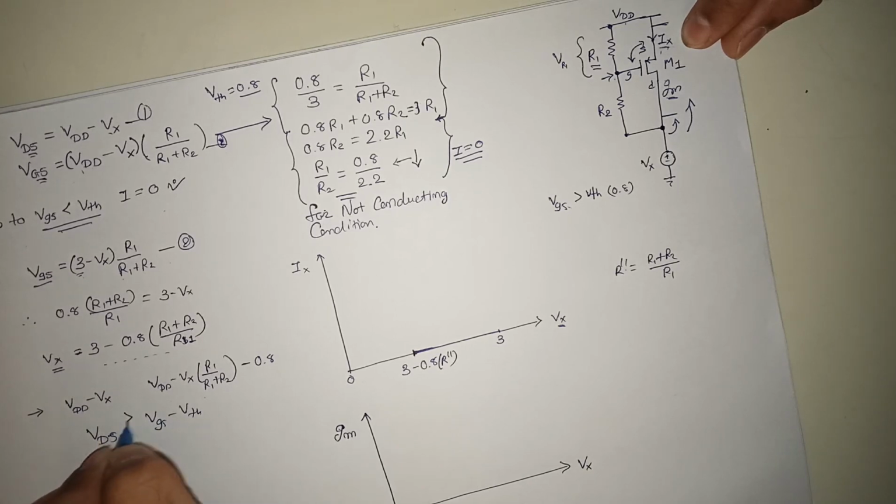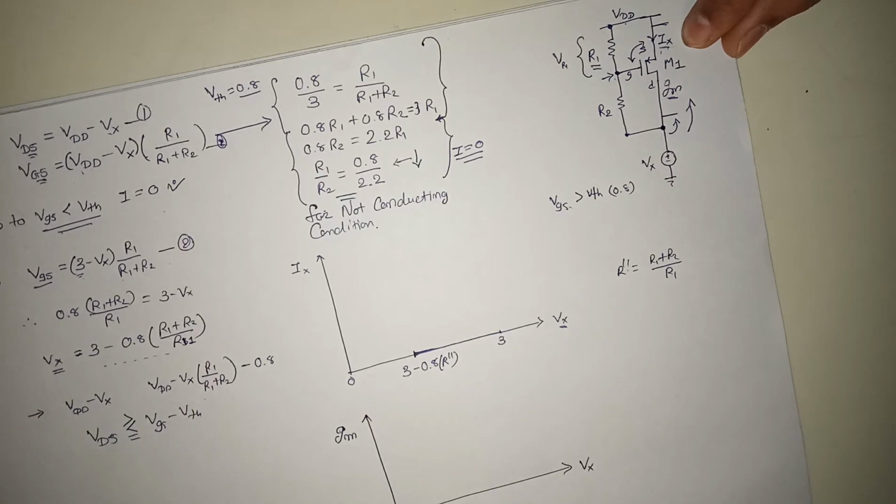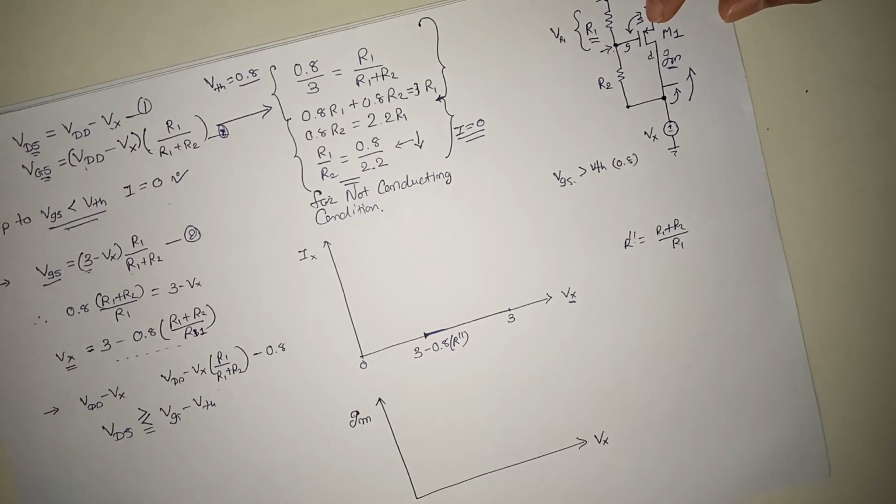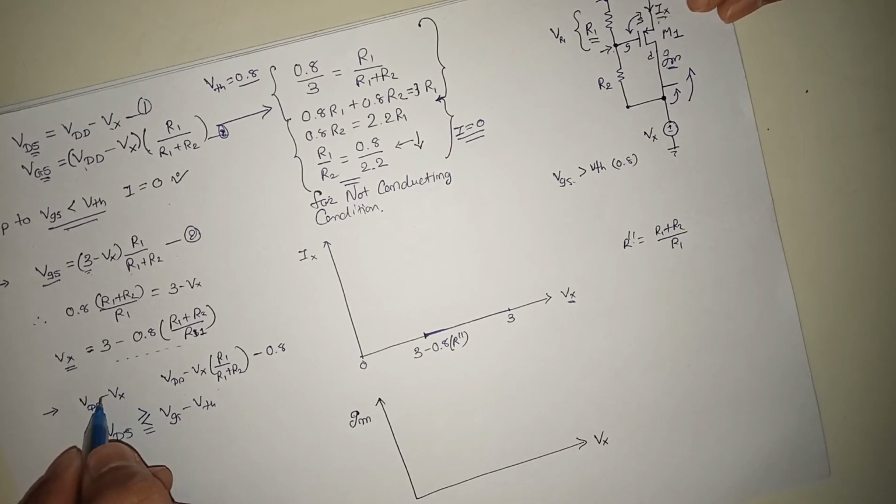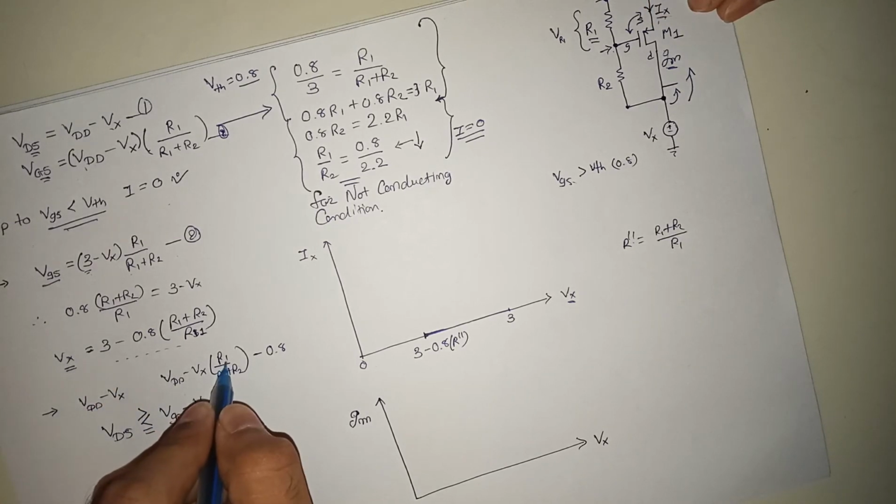It can be greater than, less than, or equal to. I am just finding it. If you see here, this is R1 upon R1 plus R2.